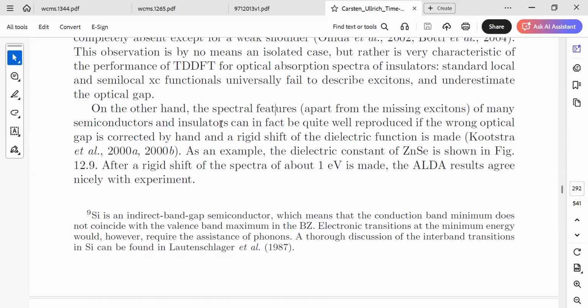On the other hand, the spectral features of many semiconductors and insulators can in fact be quite well reproduced if the wrong optical gap is corrected by hand.